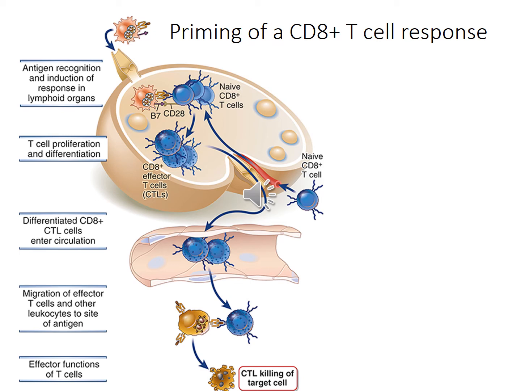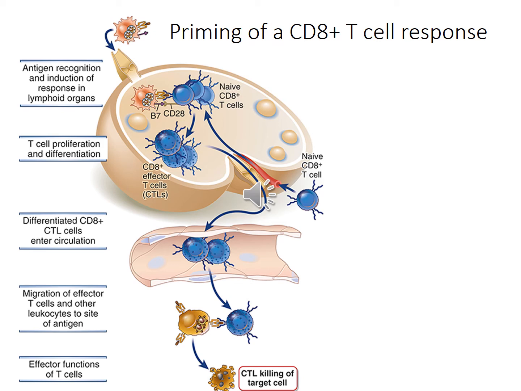The CD28 on the CD8 T cell will bind to CD80 and CD86, the B7 molecules on the surface of the dendritic cells. This stimulation, together with cytokines released from the dendritic cell, will cause the T cells that recognize antigens on the surface of the dendritic cell to proliferate.